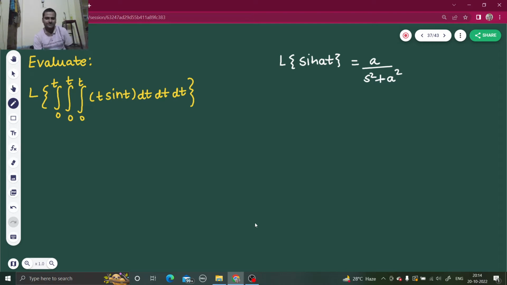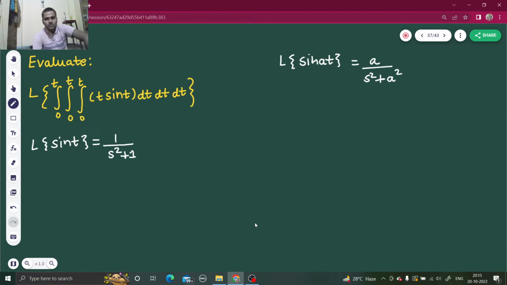Because I'm explaining, it might take more time, but doing it is just a matter of 1 to 2 minutes. So first I am finding Laplace of sine at. Here a is 1, so simply 1 divided by s square plus 1.